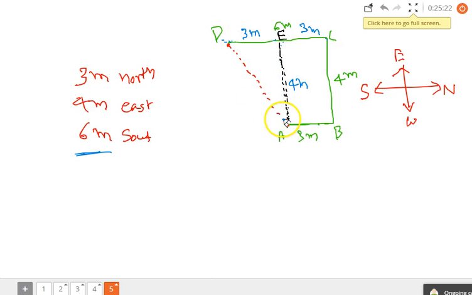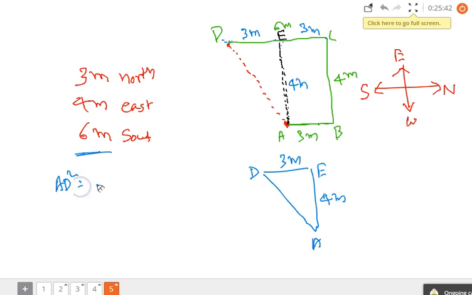What about AD? This is a right angle triangle, right? This is 4 meters. This is 3 meters. Now we need AD. AD square is equal to DE square plus EA square.